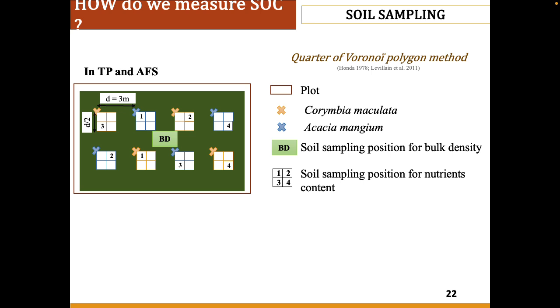That is the figure. And here is the soil sampling position for bulk density. We have done that in the middle, and we use the same bulk density for those plots. So we have like 3 or 4 pseudo-replicates in the entire plot to have a representativeness of all the plots.